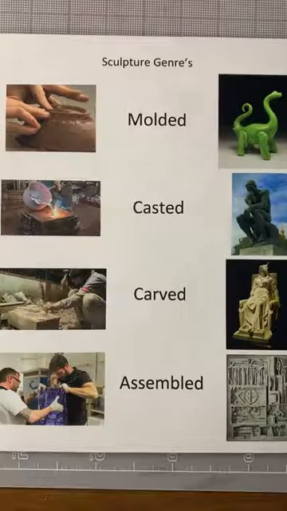So anything that is molded, an example would be clay, wax, paper mache, or plaster. So you take a material and you are changing it by having it mold or form into something that you want.